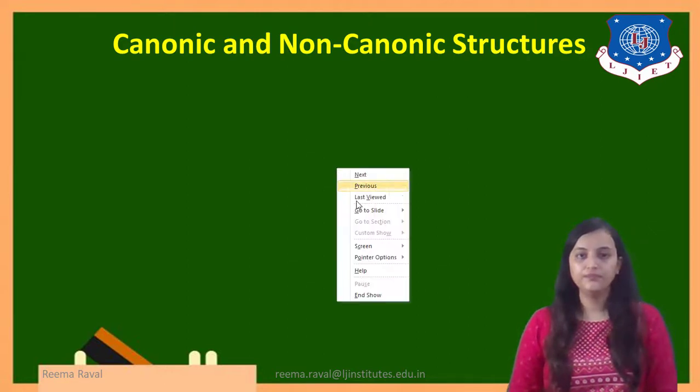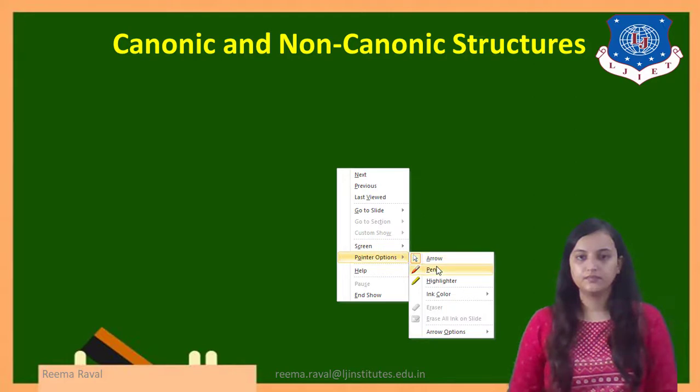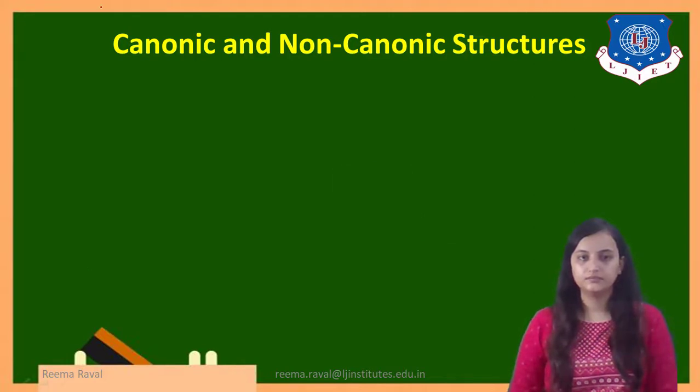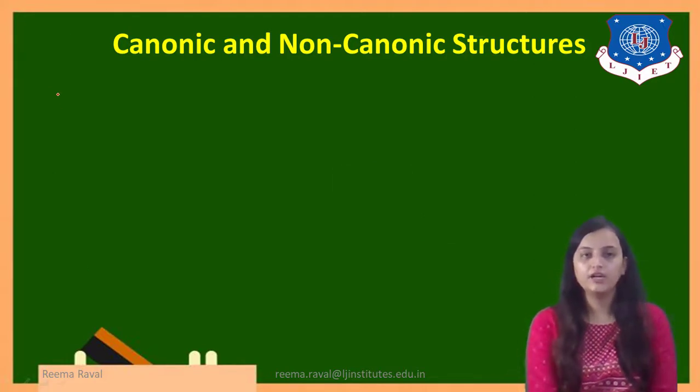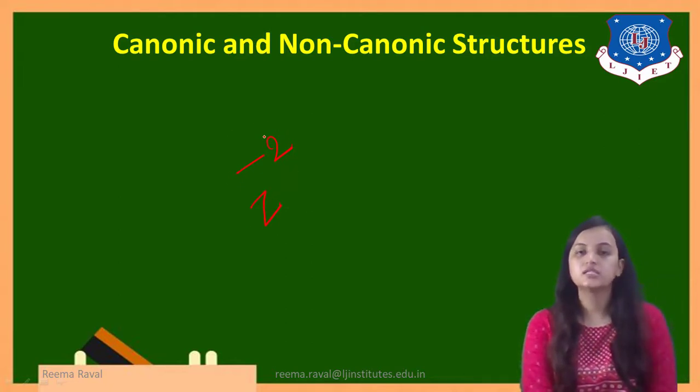Let's say, for example, the order of the system function is minus 2. That means z raised to minus 2 is there in some particular system function or difference equation. Let's say the whole equation is z raised to minus 2 plus 2z raised to minus 1 plus 1.